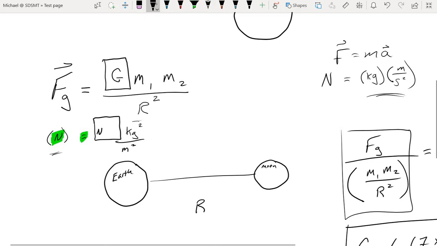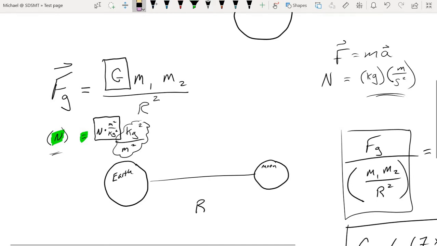So what do I do with all the rest of this stuff? Well, let's get rid of it. How do we get rid of it? We can get rid of that by multiplying by the inverse of that unit set.